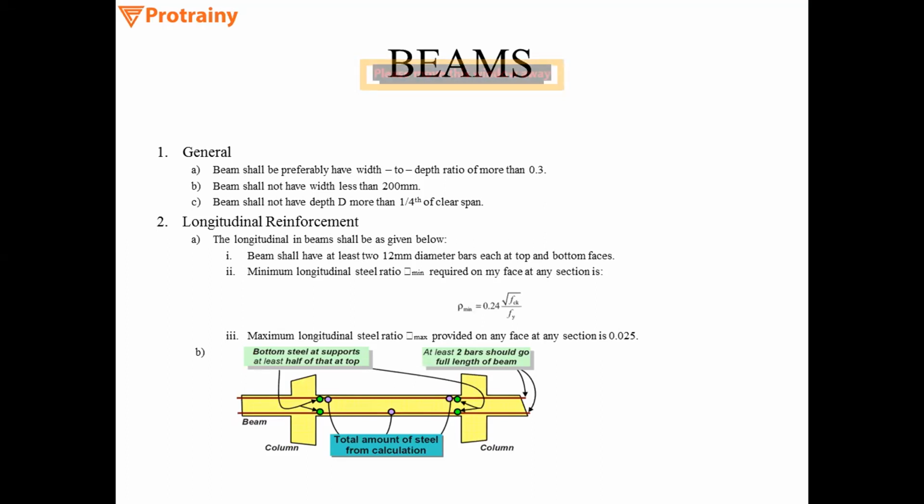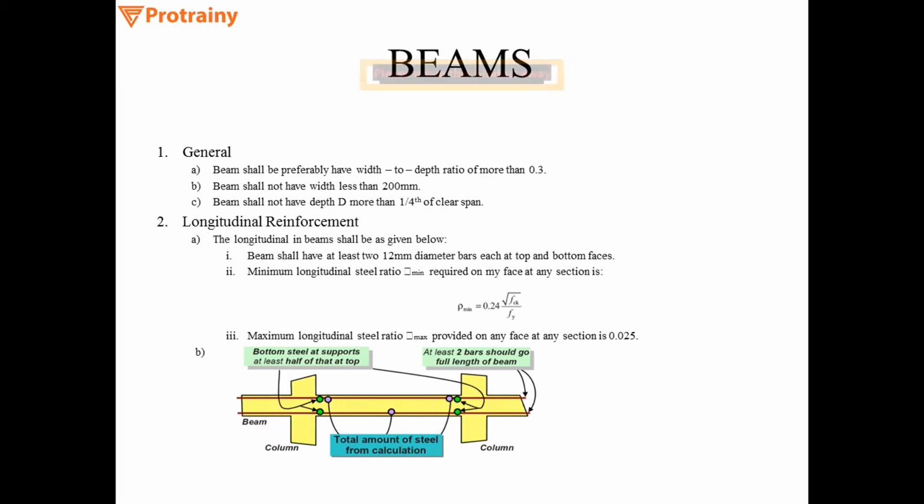Another is the minimum longitudinal steel ratio, rho minimum, which can be calculated from the formula 0.24 times the square root of fck upon fy, where fck is the characteristic strength of the concrete and fy is the yield strength of the steel.